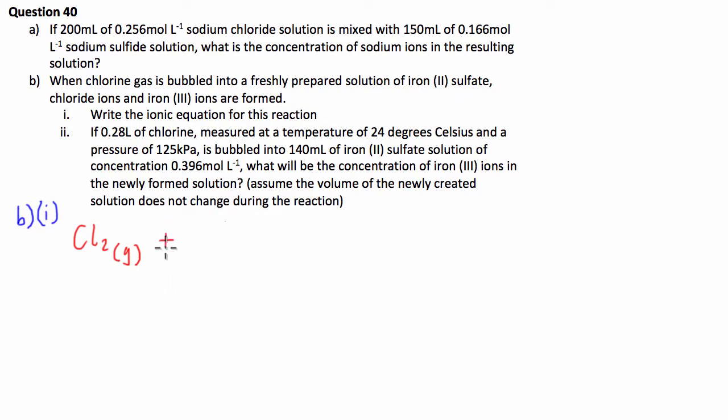So in solution, we're going to have Fe2+, and this is going to go to, so the chlorine dissolves into chloride, so we're going to have 2 Cl minus, and we have Fe3+, and this is aqueous, so is this, and so is this.